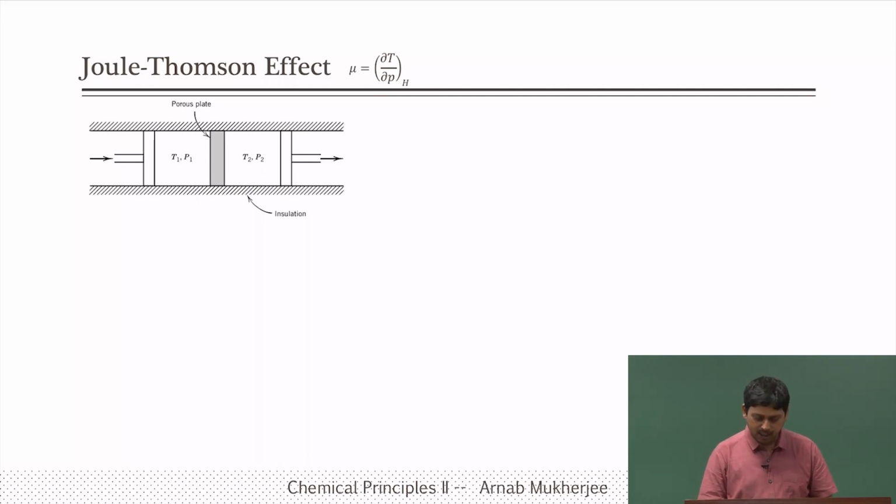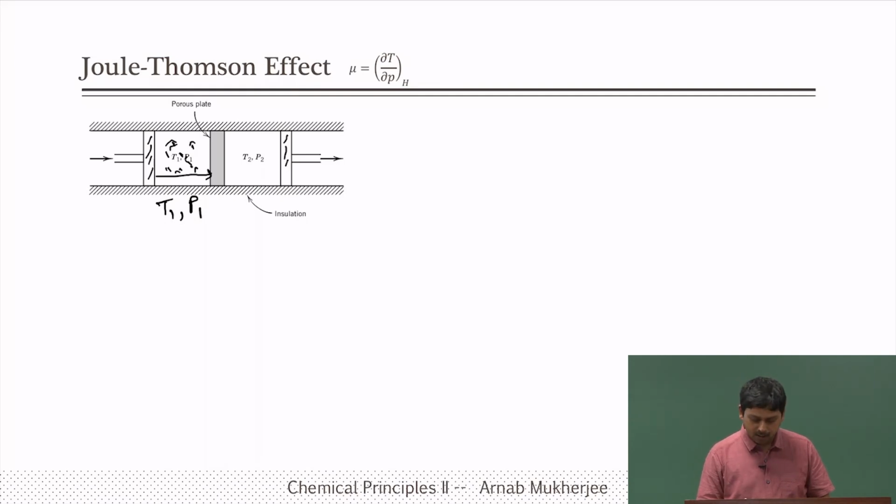Now this device that you see here in fact makes the enthalpy constant. How, we are going to talk about. Let us say our initial system is such that there are some gas particles here at temperature T1 and pressure P1, and this is a piston that is going to be pushed, and this place is the porous region. When you push the piston up to this point, all the gas will go to the other side.